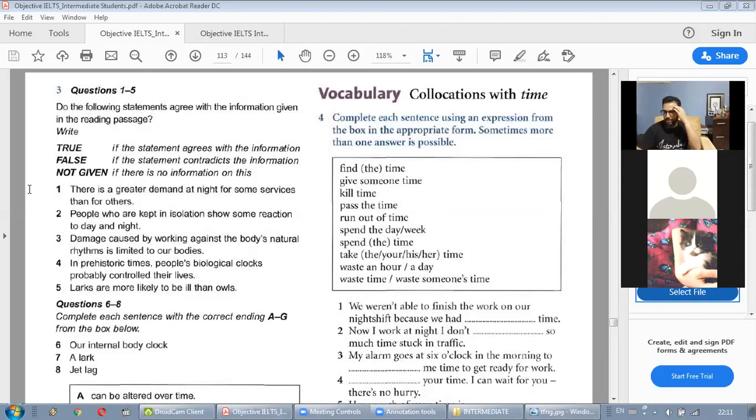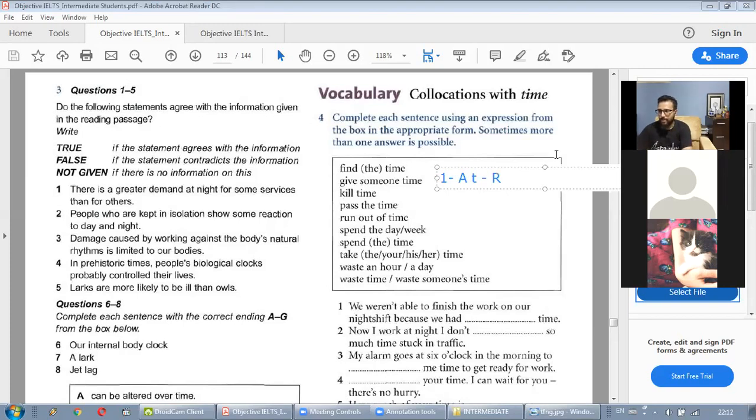Rima, Aya, what do you think? Is this true, false, or not given? Now I'm confused between true and not given. I did true, because of the greater demand. I think it's the key word. Greater demand. All right, let's see if that's true.